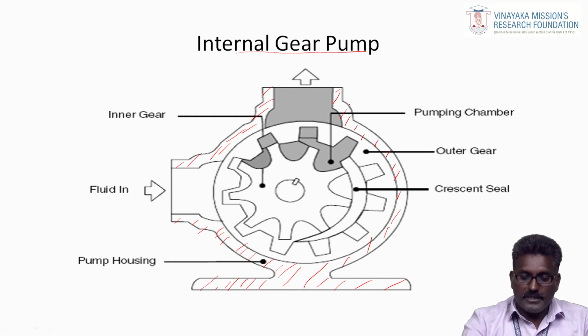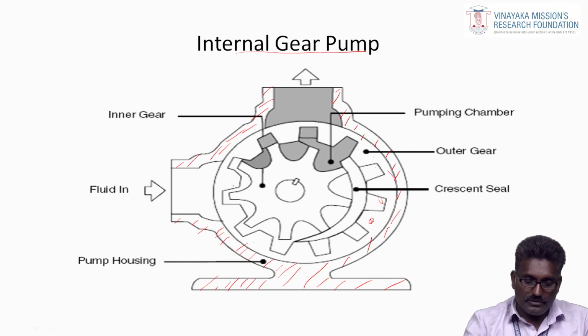Inside this casing, one internal gear is mounted. You see it is the internal gear. This gear has teeth on its inside, so that is why this pump is called an internal gear pump. You see this gear profile: it has internally toothed gears, inside toothed gears.